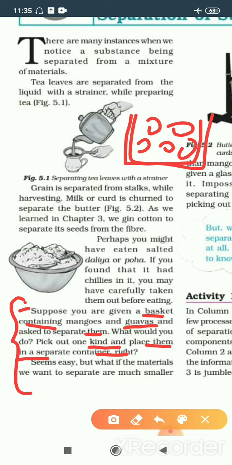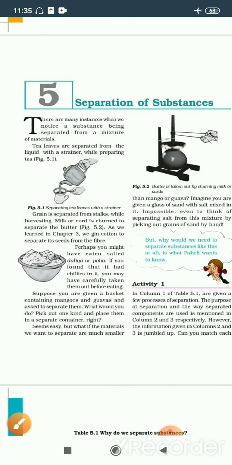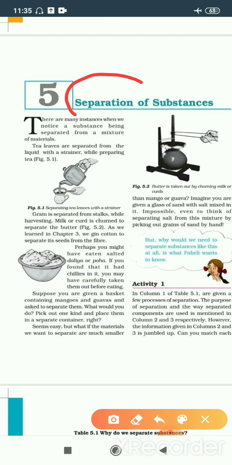The taste of these two fruits is also different. So with the help of their appearance, with the help of their properties, we easily separate these two products into their respective groups. Okay students, so the properties of material are very important at the time of separation of substances.